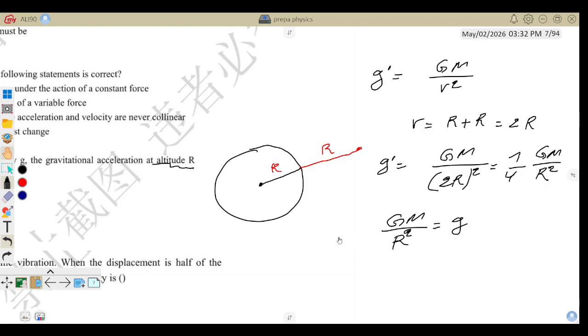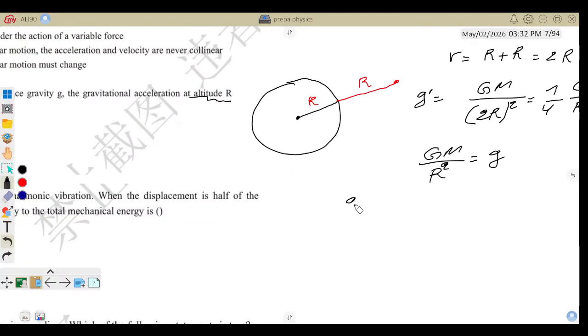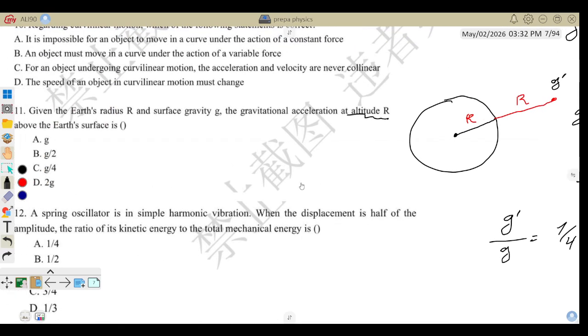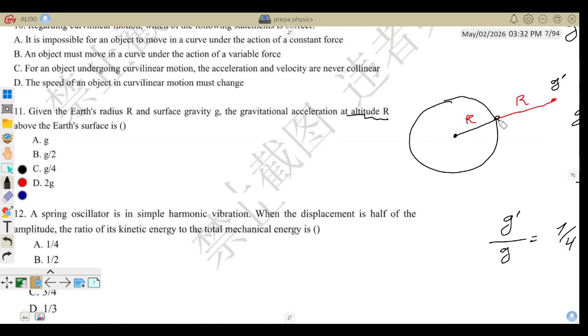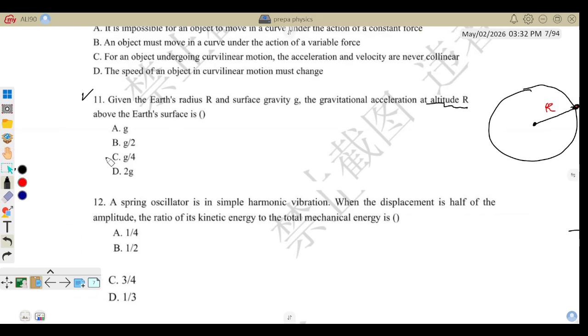So g prime over g gives only 1/4. That means the ratio between the g on the surface and the g at an altitude of R is 1/4. So the correct one would be C.